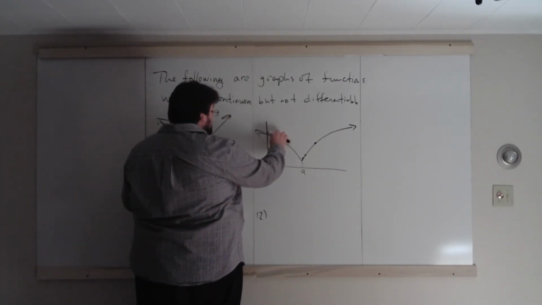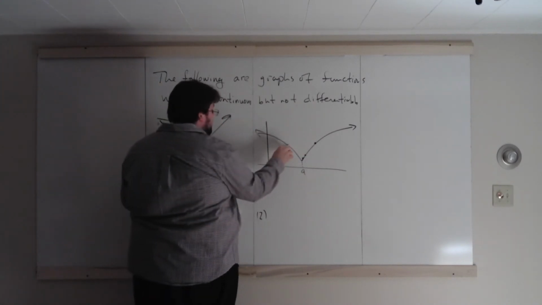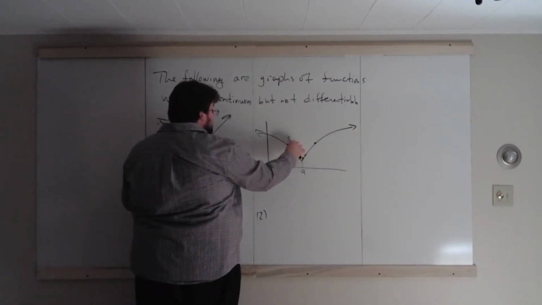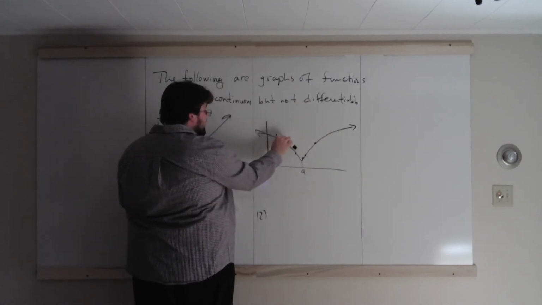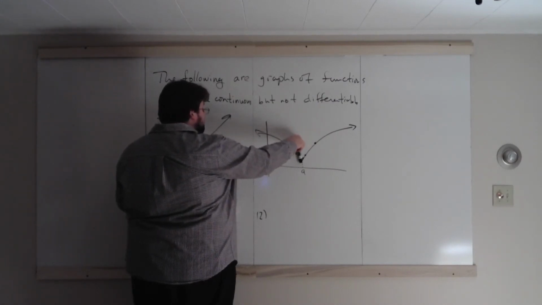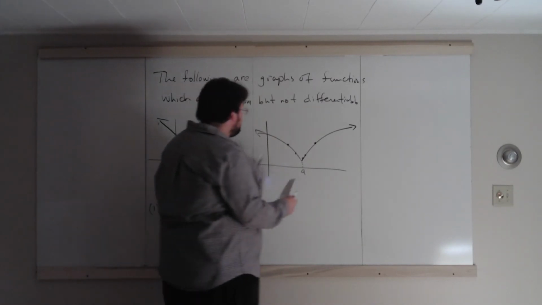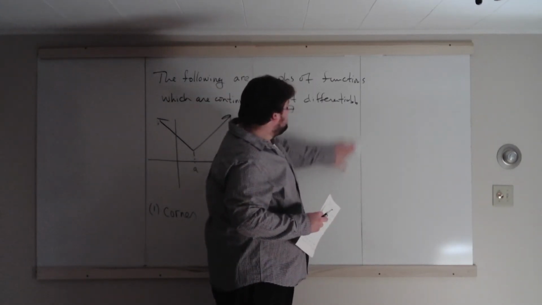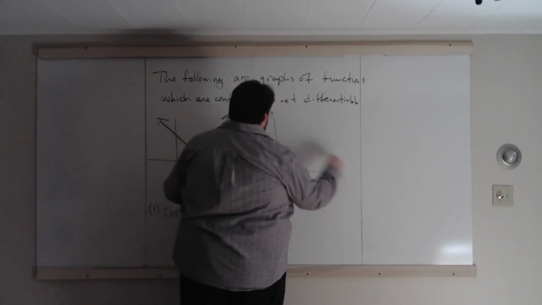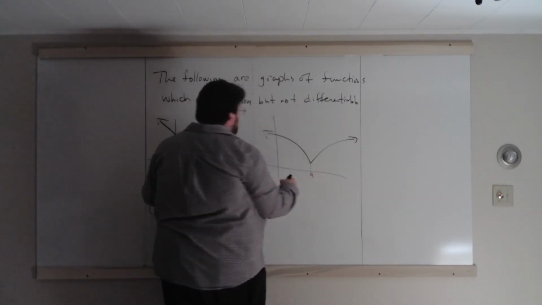On this side, they start as negative, and then they keep becoming more negative. So right here, we have a slope like this, a negative number. Right here, you have a slope like this. It's more negative. Right here, the tangent line was like that. As you get closer, the slope becomes more negative. So you can see on both sides of A, the slopes of the tangent line do not approach the same number, because on the one side they approach a positive, on the other side they approach a negative.